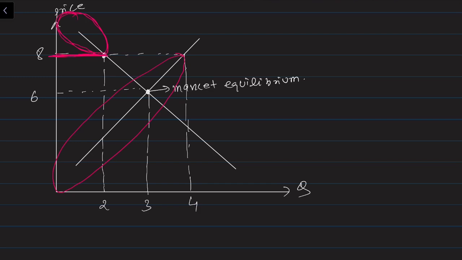This creates downward pressure on the price, and the price will lower down and again reach the equilibrium price. So in this way, the equilibrium will be achieved in the market again.